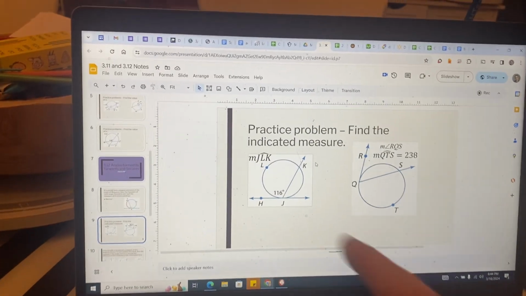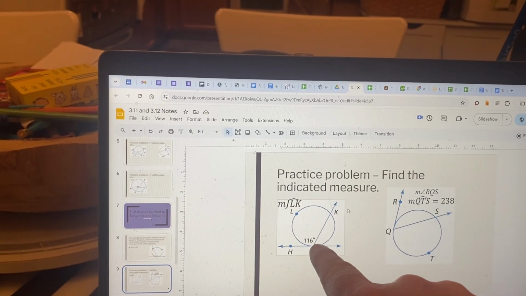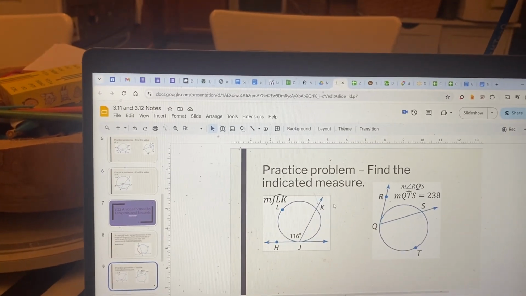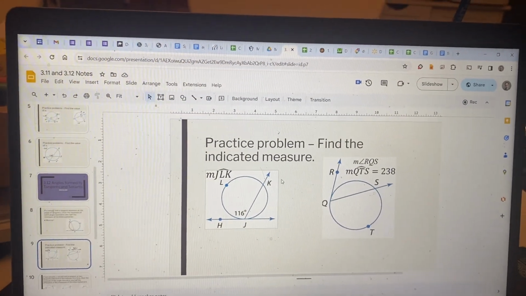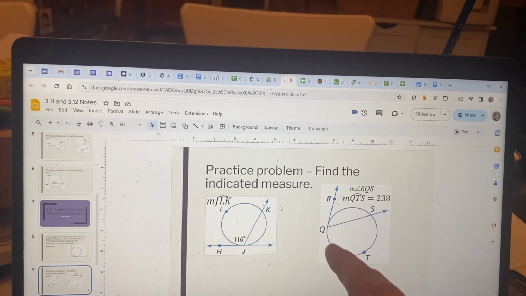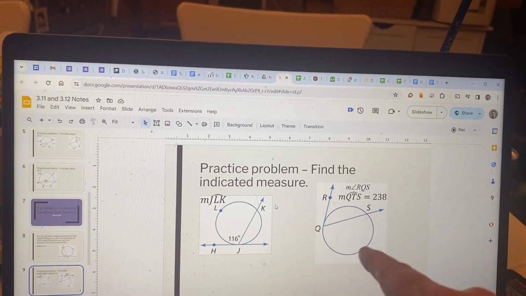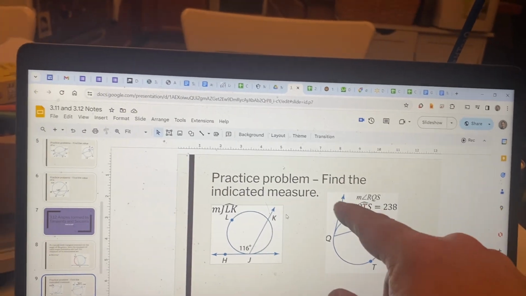Okay, so if we're looking at this one, if this angle is 116, then arc JLK would be twice that. That would be 232. If the measure of arc QTS, that would be going around the long way here, is 238, what would be RQS?